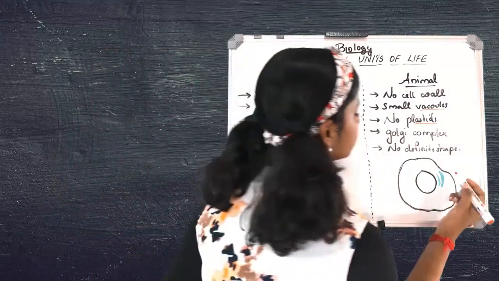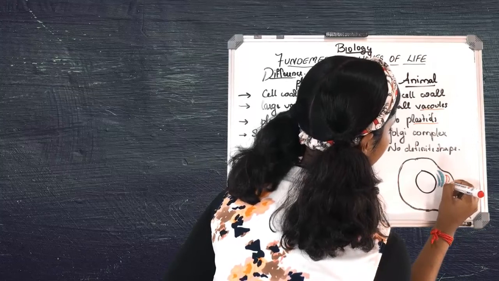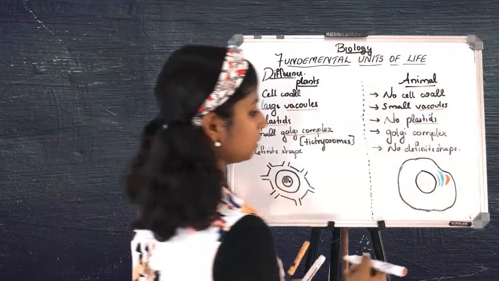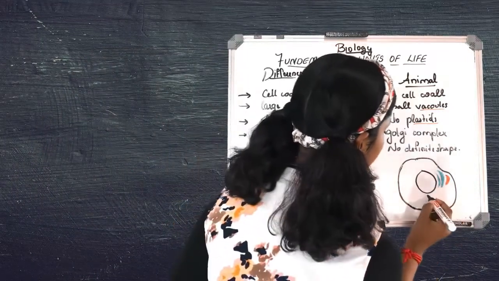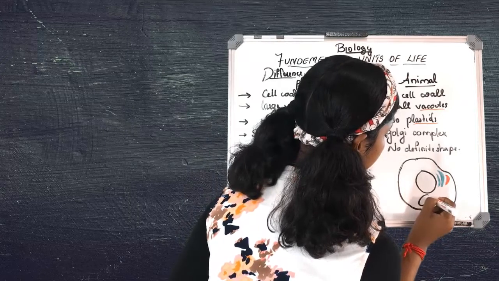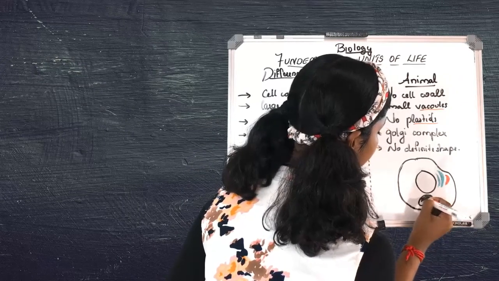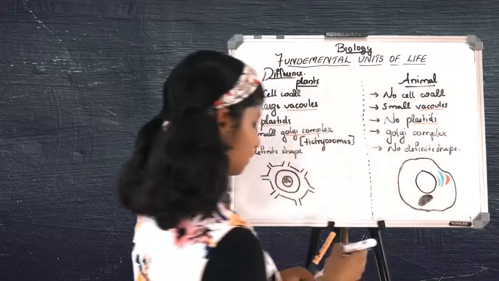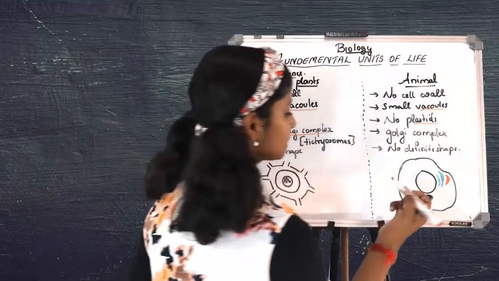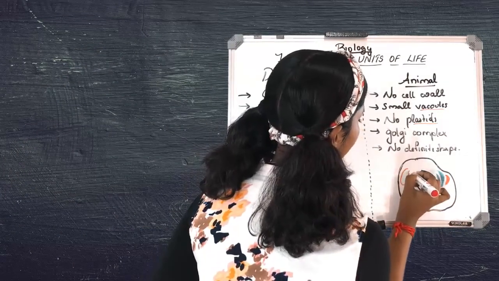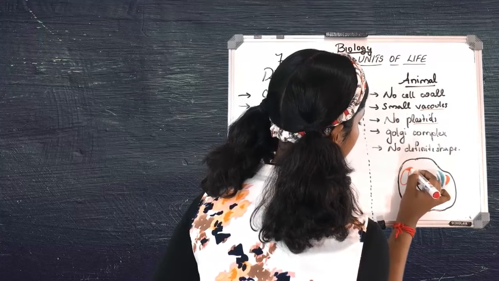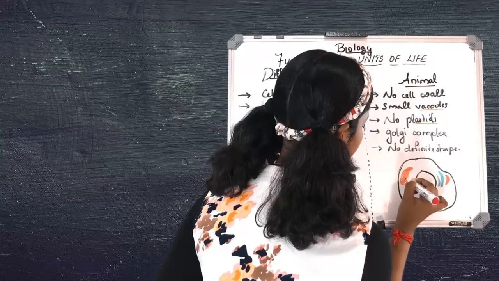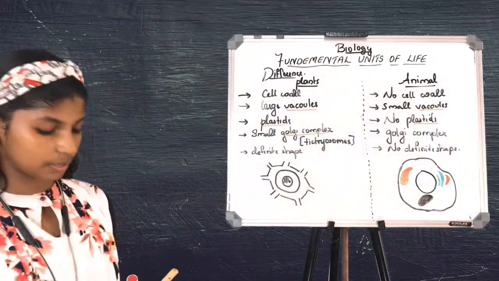Then we have the Golgi complexes, also known as the Golgi apparatus. Now we have the lysosome. And the last one is the mitochondria. These are the mitochondria.